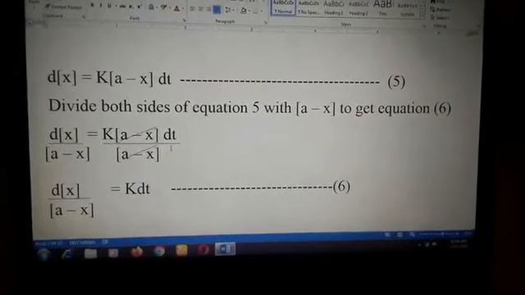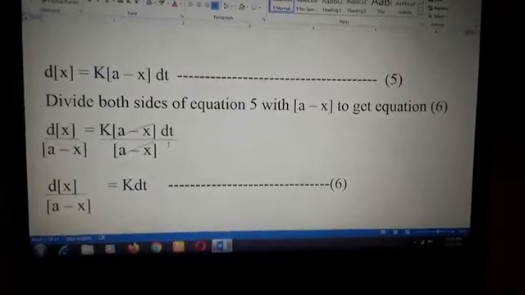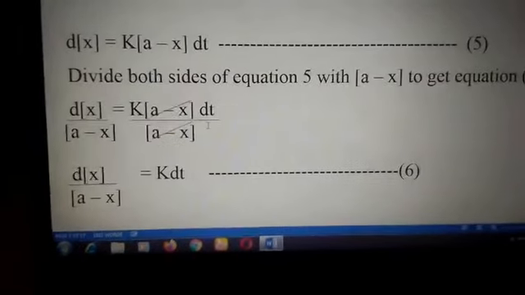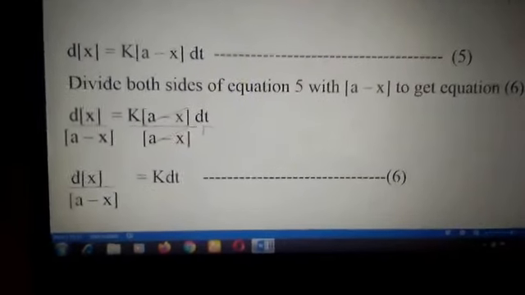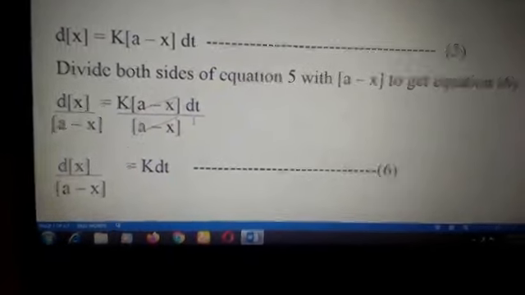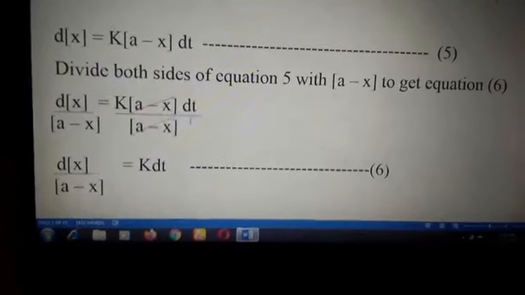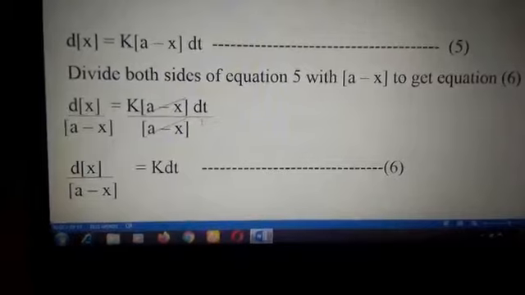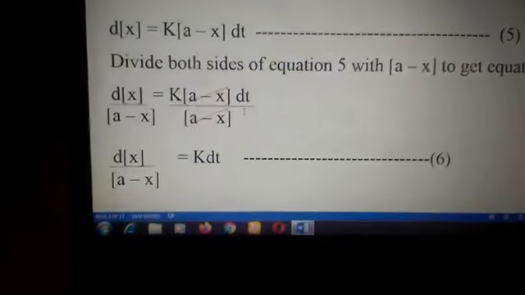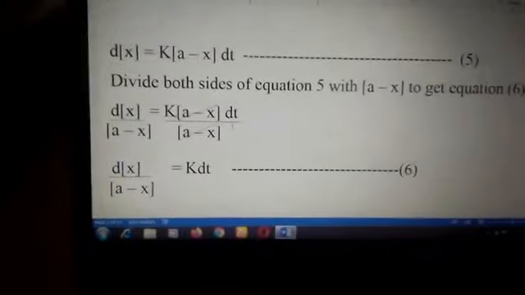Look at the left hand side: a minus s cancels a minus s. On the right hand side, a minus s cancels a minus s because they are equal. We are now left with k dt on equation 6. I will bring down the left hand side as ds all over a minus s. That is equation 6 given to us there.